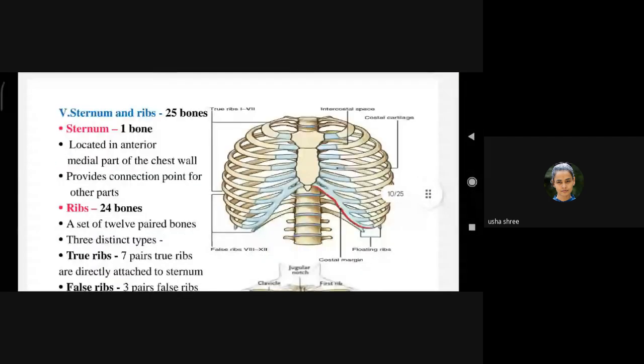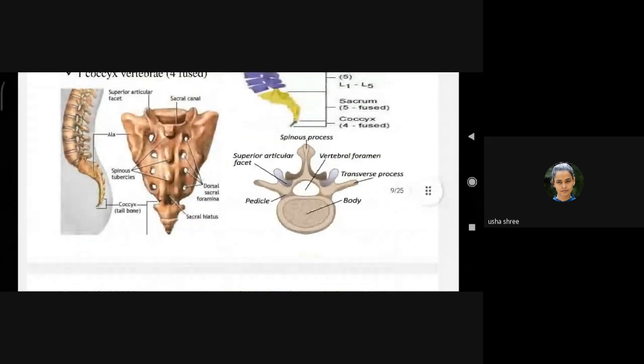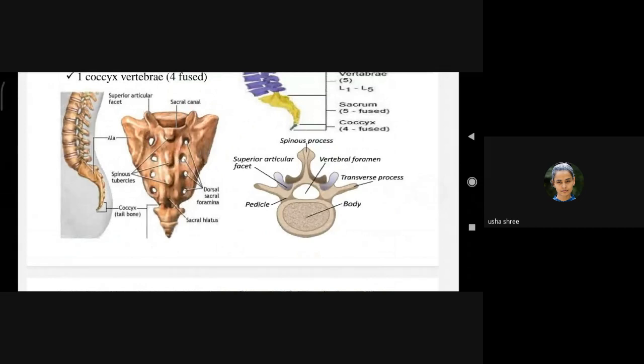Ma'am, are we supposed to memorize the names of the bones here? I will provide you one flowchart, and that will be very helpful for you to remember very easily. Don't worry. Okay.